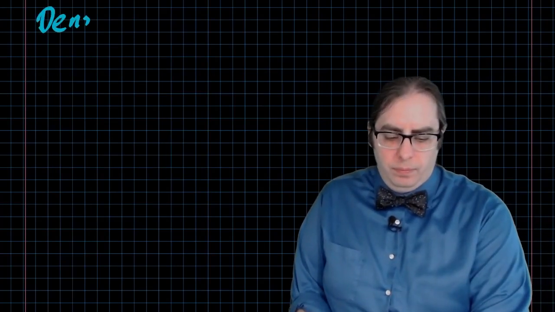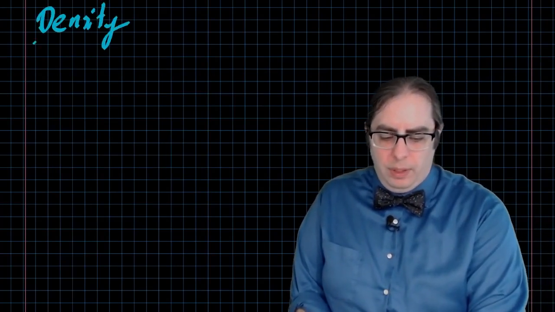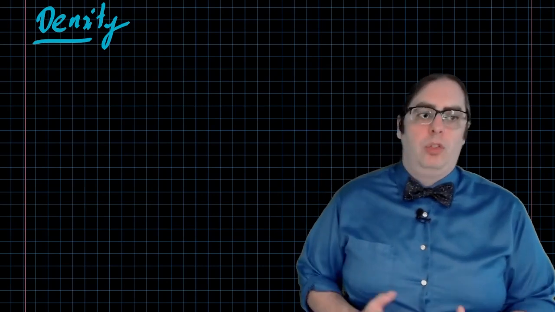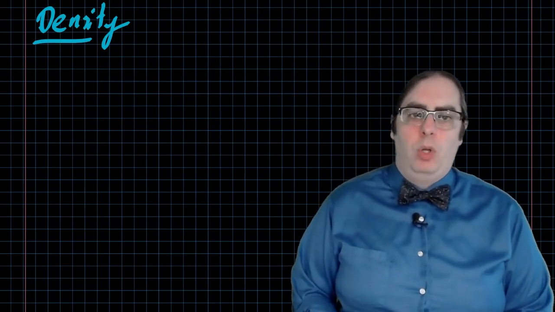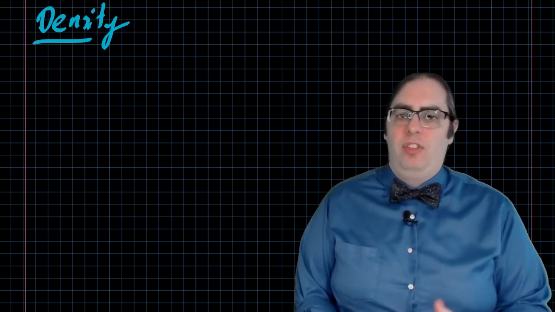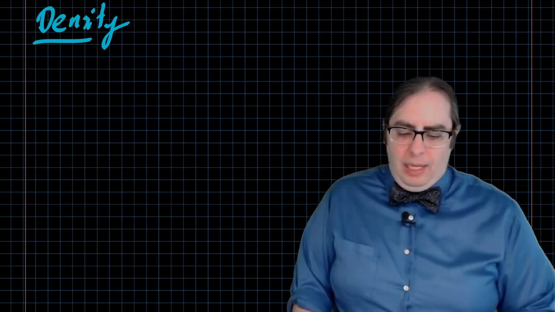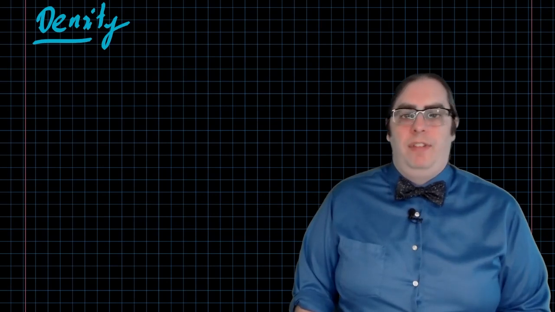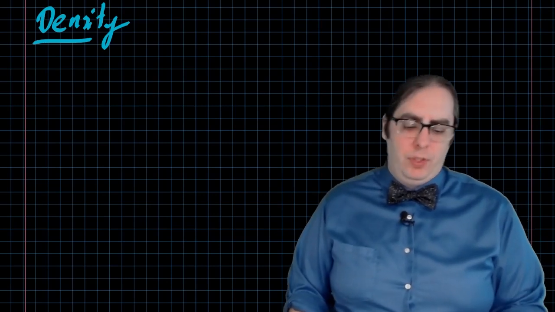In general, the way we describe how closely packed these molecules are to each other is the density of the material. And even this definition of density is kind of tricky.